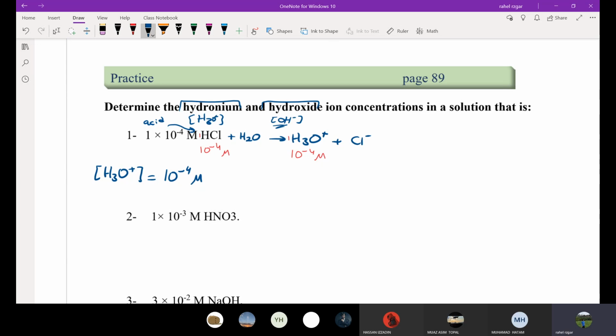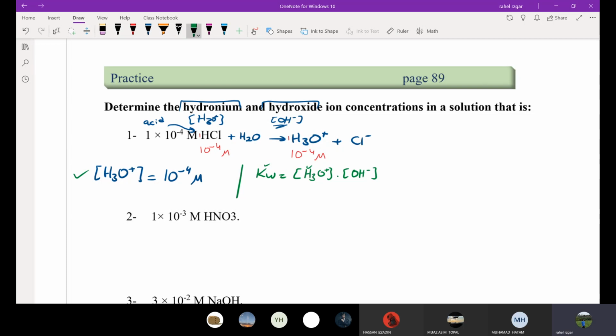How can we find that? Using KW. KW is equal to the concentration of H3O times the concentration of OH. We know KW, we know H3O. What about KW?